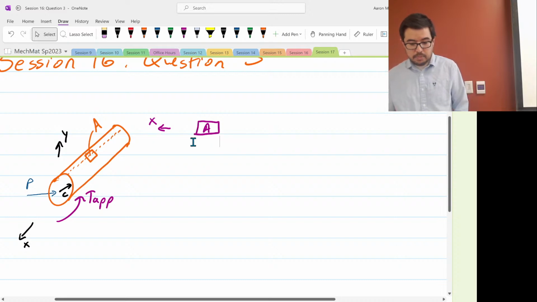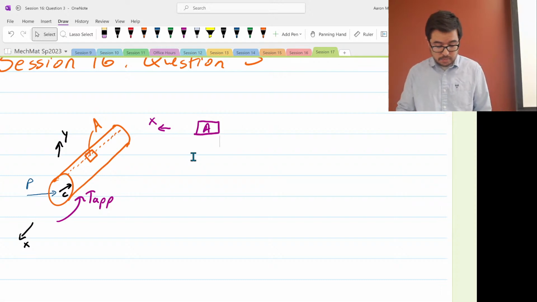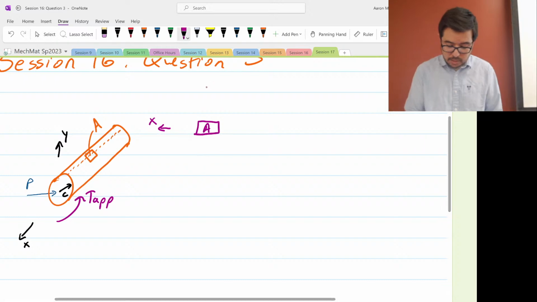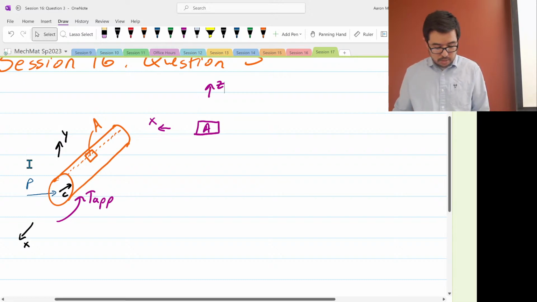Okay, well, let me see, I might have done this wrong. This is Z, all right? That's the upward direction there, okay? And we can see that there is going to be a torque, right?